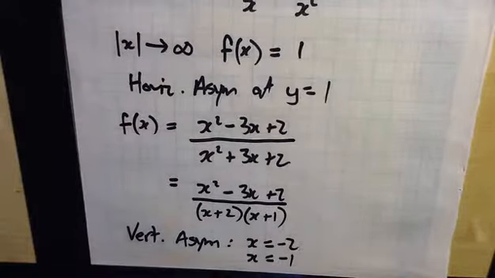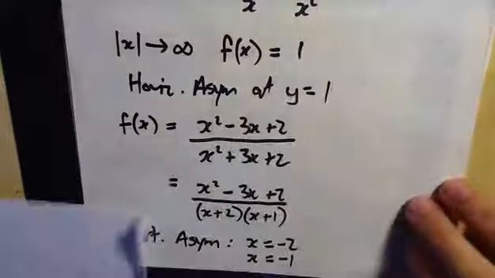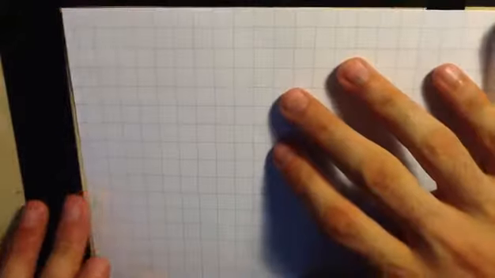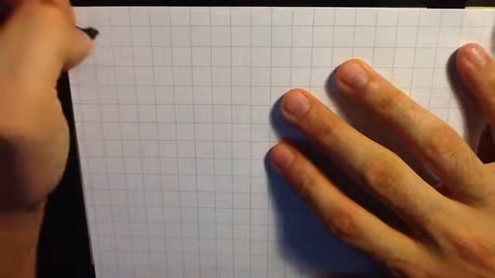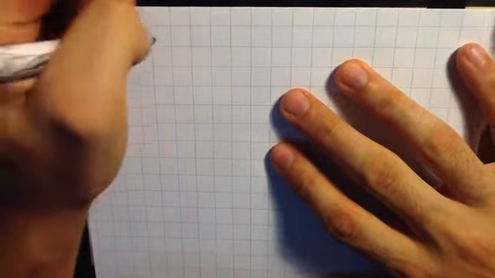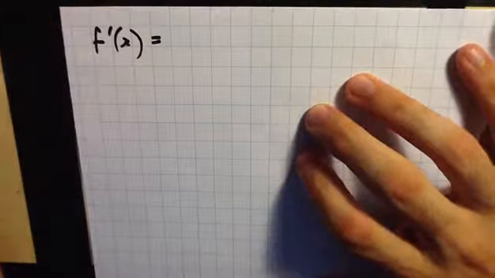If I then want to work out the nature of any stationary points, I'm going to have to get the derivative of the function and get a sign diagram of the derivative.